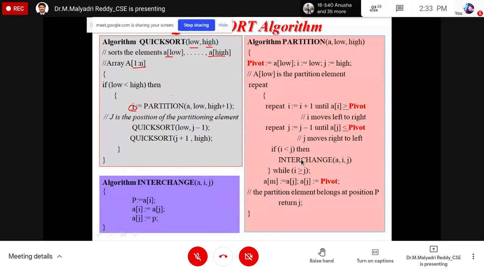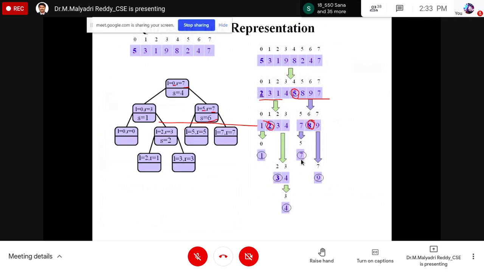And again quicksort for this is the left subtree. Whenever we apply the partitioning, it has two children, either left child or right child, depending on the partitioning or pivot element. So low to this is the left part.